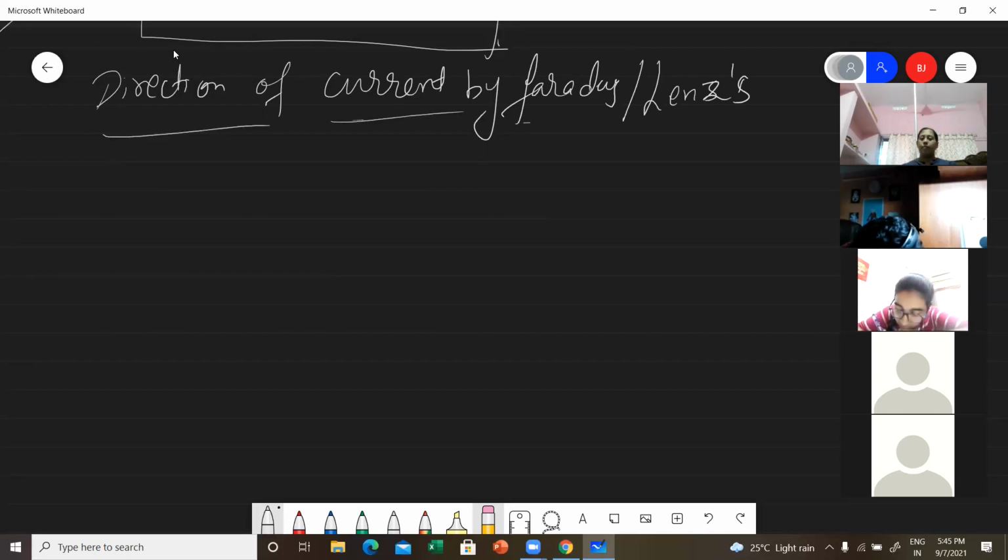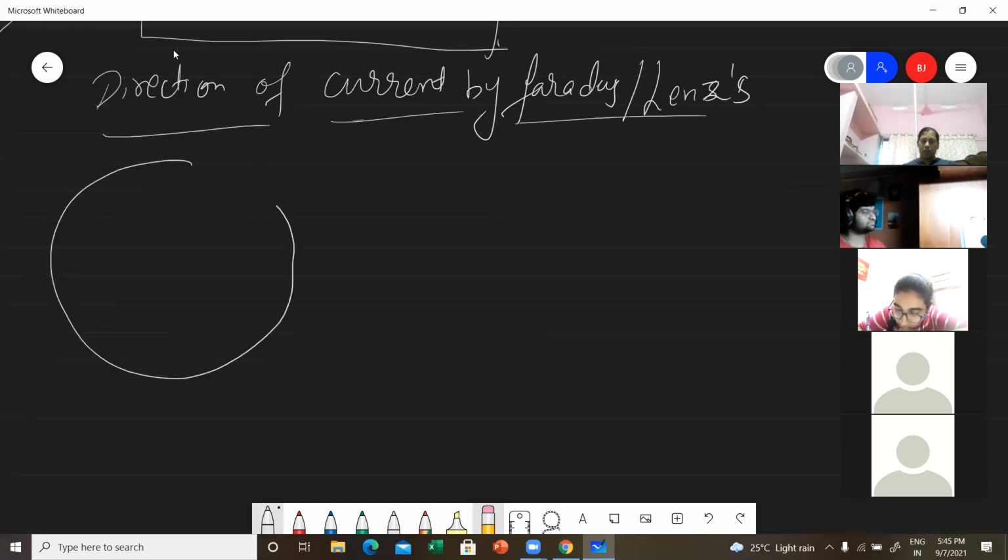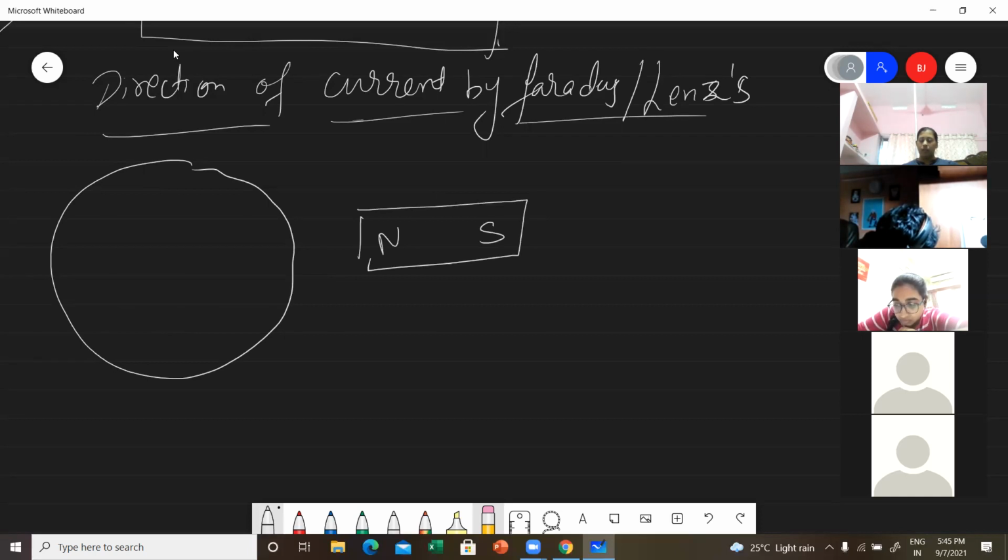Okay. Now, if this is my coil, here is my magnet, north to south. This is moving towards the coil. Now, what will happen?